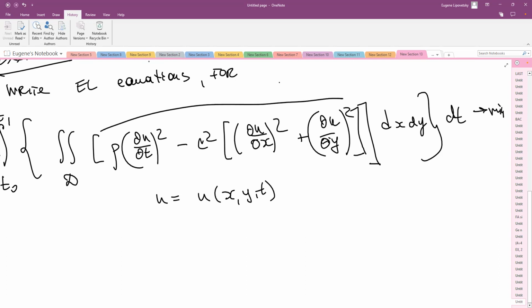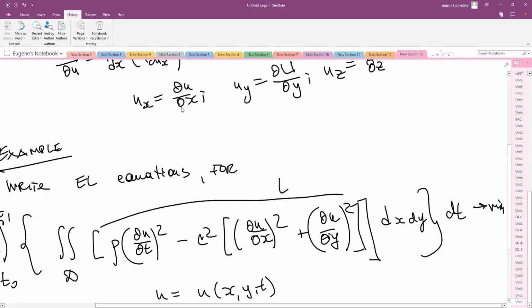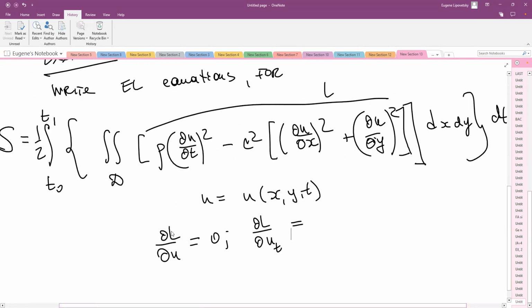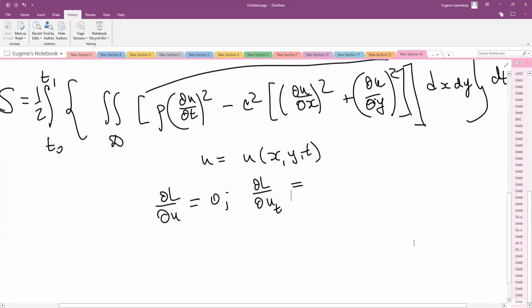This is the L. We have dL over du equals 0, u is not explicitly here. dL over du sub t, that's u sub t, equals, well, we have the 1/2 in front, right? Let's not forget. So we can put the 1/2 inside, and now the 1/2 will disappear.